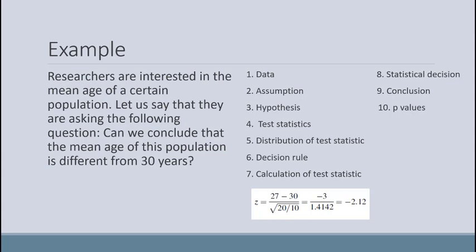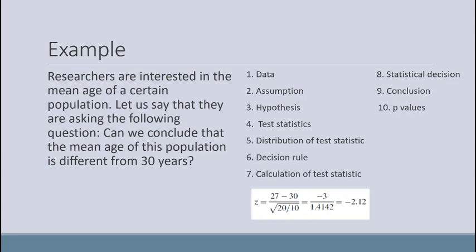The data available to the researchers are the ages of a simple random sample of 10 individuals drawn from a population of interest. From this sample, a mean of x bar = 27 has been computed. Step 2. It is assumed that the sample comes from a population whose ages are approximately normally distributed.